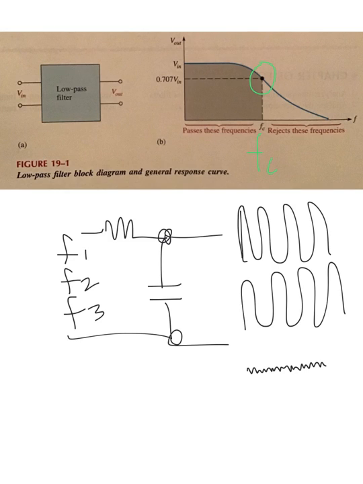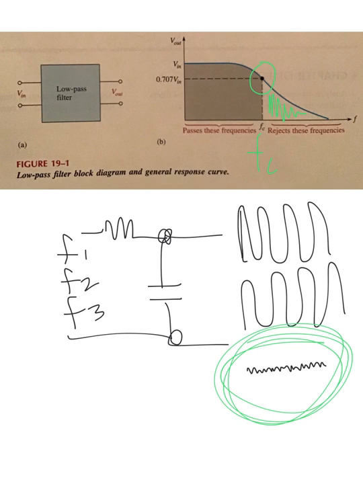Now, that doesn't mean that it's not working in this green area. It realistically is still working. It's just really, really attenuated. Really, the signal is gone for all intents and purposes. It's not quite at zero way up here, but it's on its way to death.